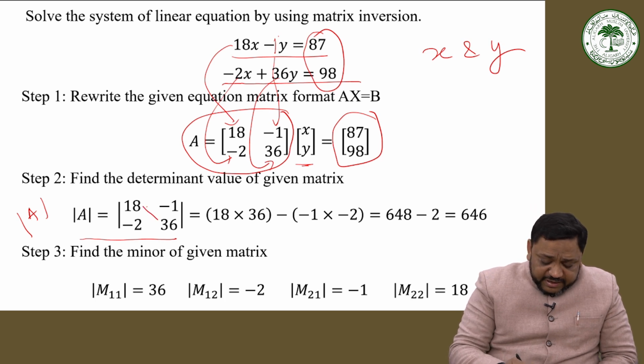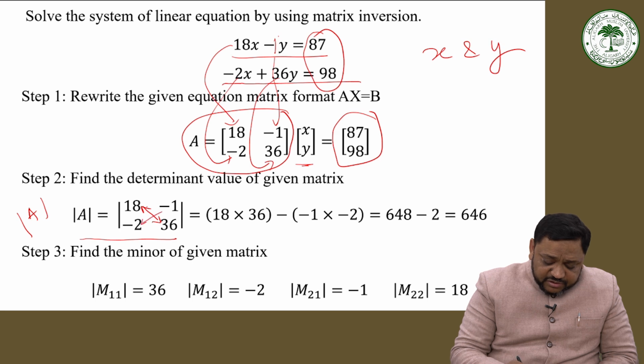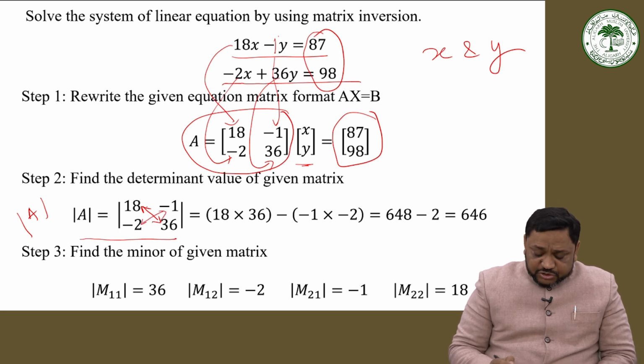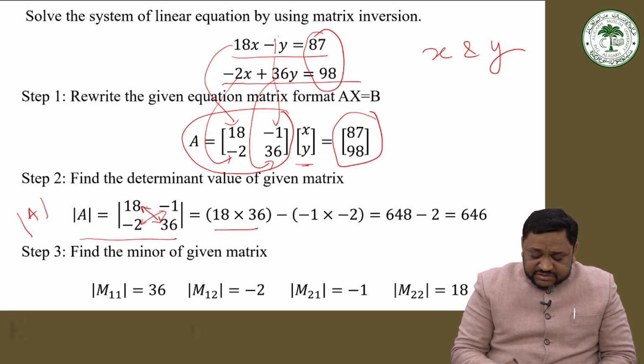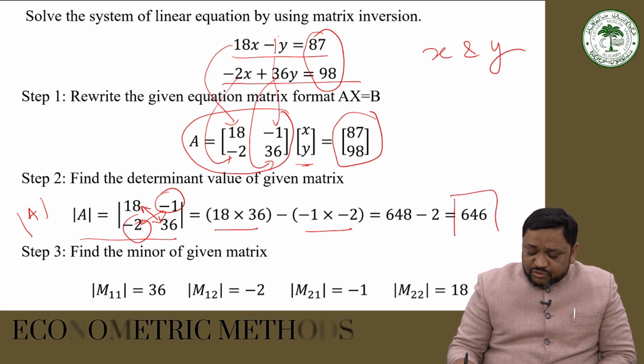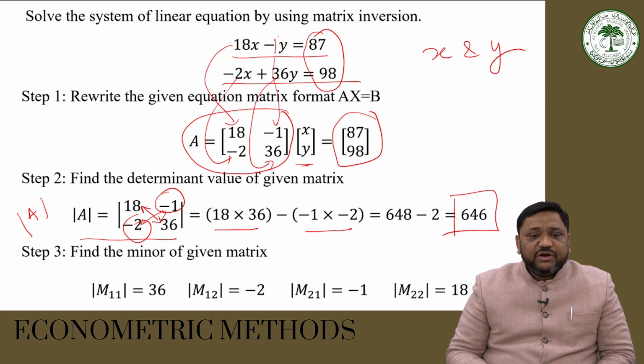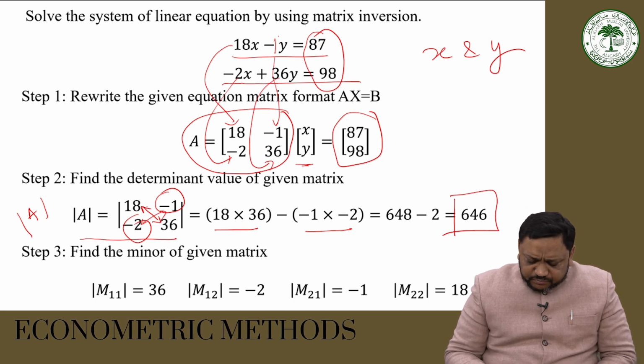We multiply this with this, and next this with this. So 18 multiplied by 36, minus, minus 1 multiplied by minus 2. So this turns out to be 646. The determinant of this matrix is equal to 646.